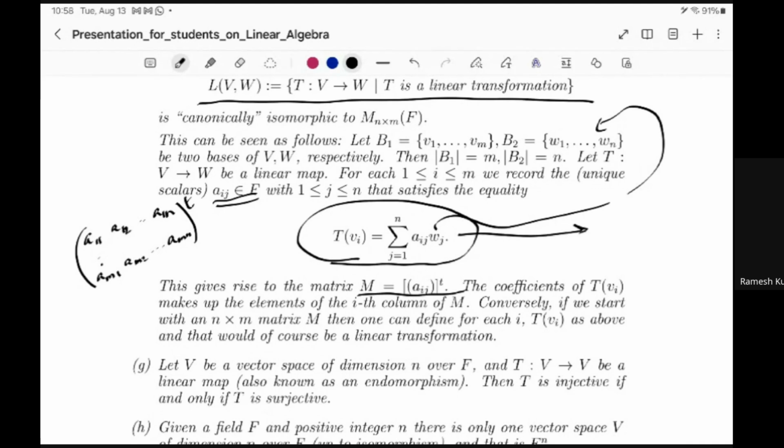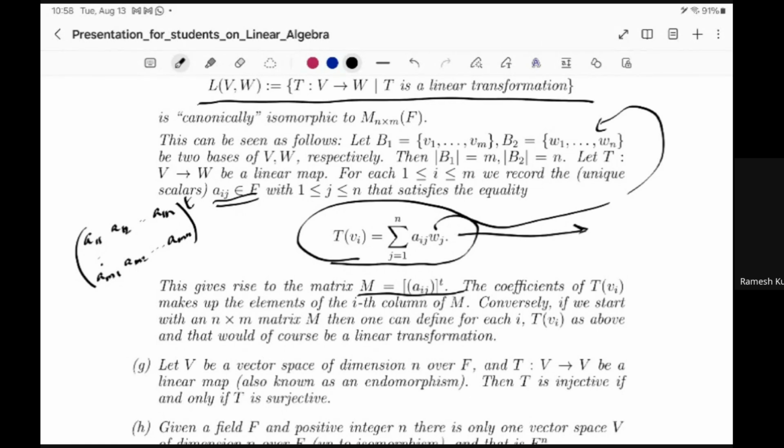First, you have to think about if you are going the other way, that if I tell you how the elements TVi look like, does this mean that you can get the picture of the whole linear transformation? The answer is yes, because the Vis happen to be a basis.